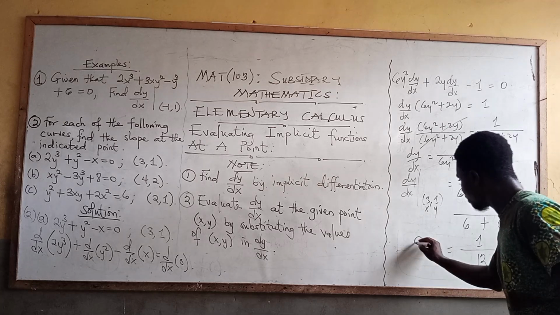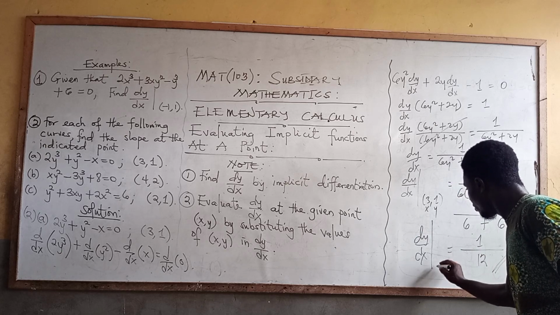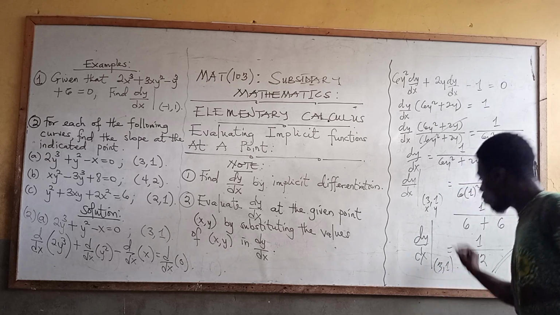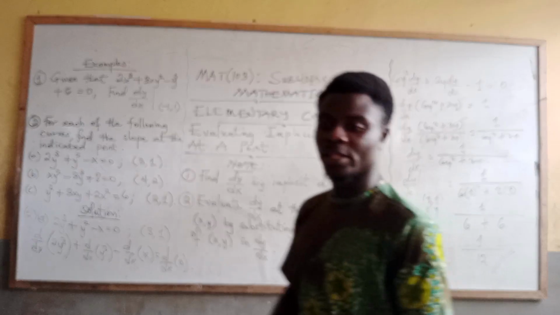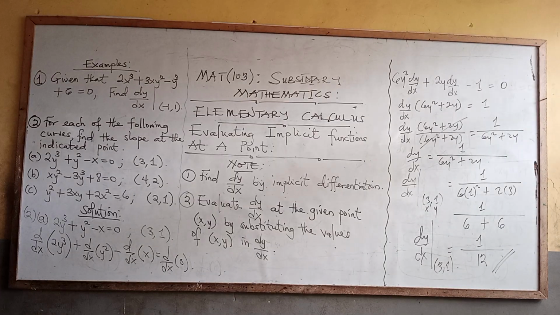So dy/dx at the point (3, 1) is 1 over 12. That's the slope, using implicit differentiation.